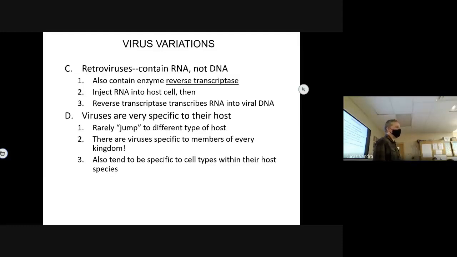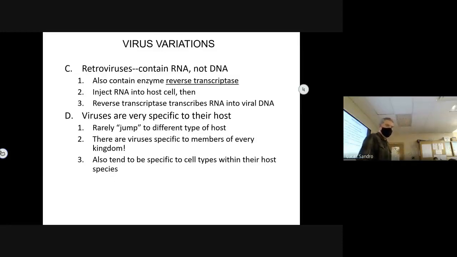But here's the problem: every once in a while there's an exception, right? Every once in a while, a virus will jump. Ebola, prime case, right? Jumped from, I don't know, monkeys, bats, something, and got into humans. Well, that's a problem because humans haven't been evolving with Ebola for very long. We don't really have evolved defenses against it.